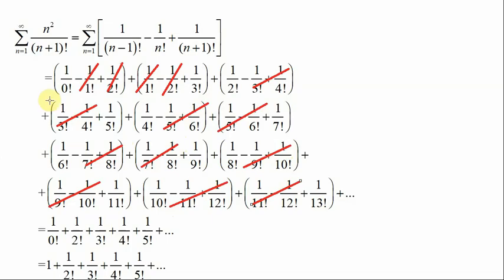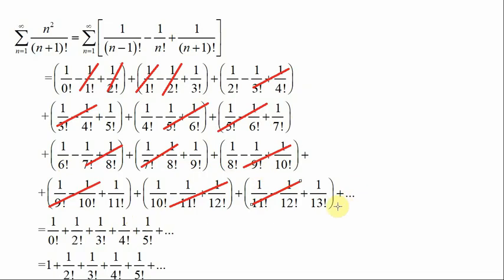and so we can see that what's left is 1 over 0 factorial, 1 over 2 factorial, 1 over 3 factorial, 1 over 4 factorial, 1 over 5 factorial, 1 over 6 factorial, 1 over 7 factorial, 1 over 8 factorial, 1 over 9 factorial, 1 over 10 factorial, 1 over 11 factorial.